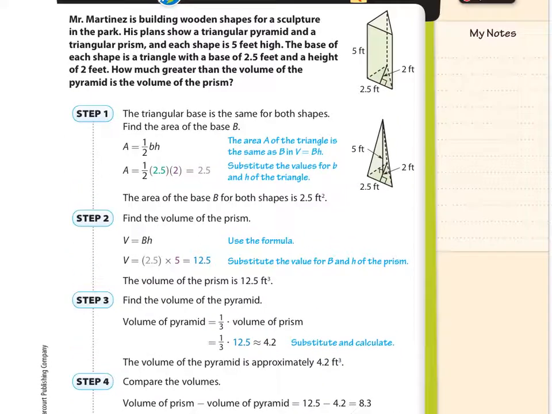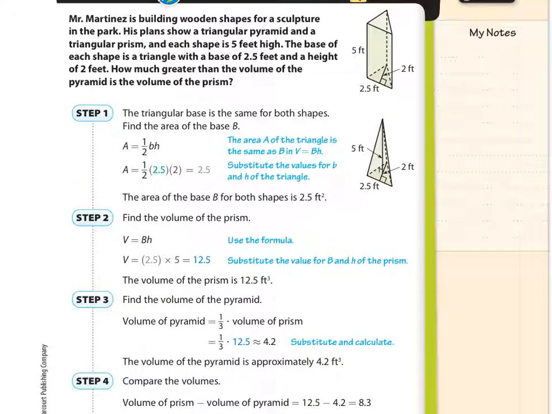So let's start with the volume of the prism. It's the area of the base times the height. The base is a triangle, so we do 1/2 times 2.5 times 2, and then times the height, which is 5.